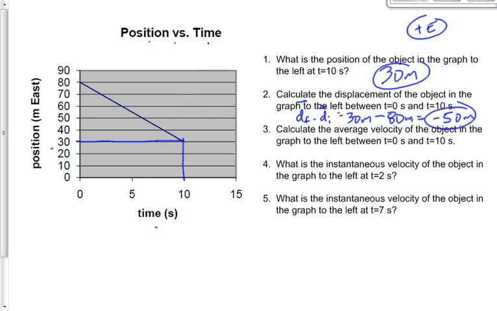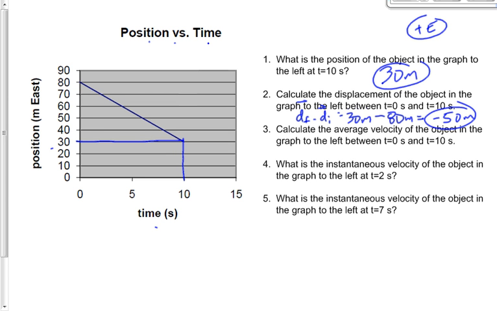Look at this, guys. You were 80 meters to the east. Now you're 30 meters to the east. In order to get to 30 meters to the east, which way did you have to travel? To the west. 50 meters to the west in order to get there. Okay, I don't see west anywhere on this graph, but remember, displacement is not what you read off of the graph. It's the change in what we read off of the graph.